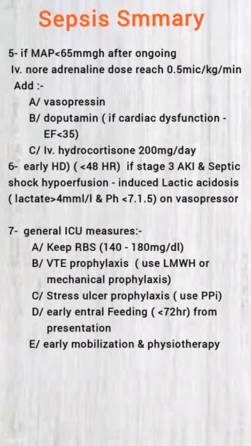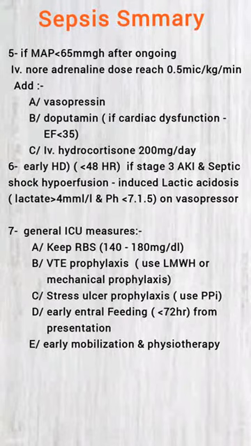Number 6, early hemodialysis within less than 48 hours from presentation if stage 3 AKI with septic shock, hypoperfusion-induced lactic acidosis with lactate more than 4 millimole per liter and pH less than 7.15 on vasopressor. Finally, general ICU measures like keeping random blood sugar 140 to 180 mg per deciliter, and venous thromboembolic prophylaxis.